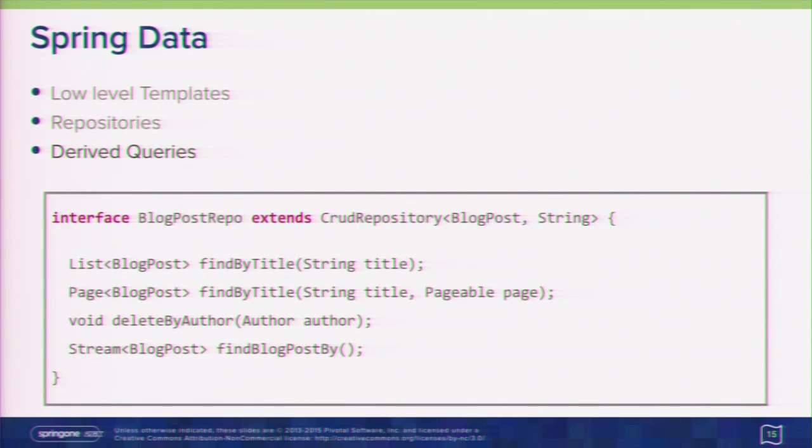So what we offer you as well is the derived finder method. What we do here is we analyze at startup time the method names you put into your repository, analyze the return types, and figure out for you what the query should look like that we are going to execute later on. So find by title, returning a list, will read all documents from a MongoDB that match a given title, or you can use the page abstraction.